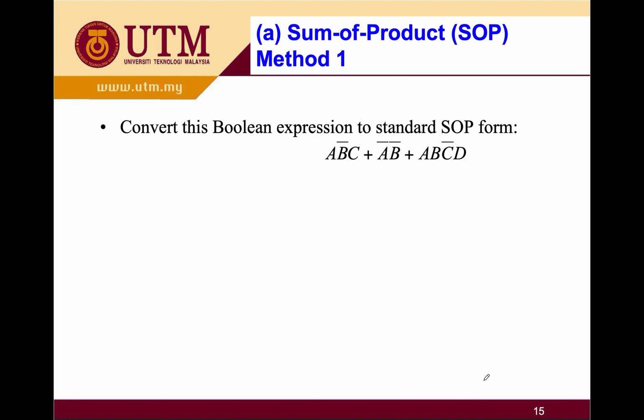So let's take a look at the example. You were given this, which is non-standard. What you need to do is make it standard, so you will apply rule number 6.